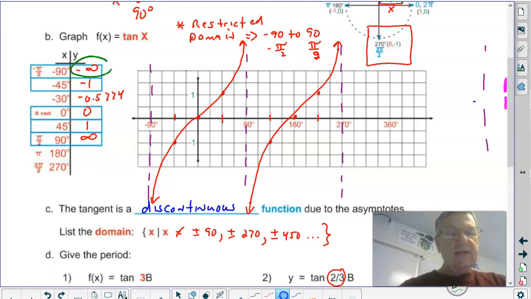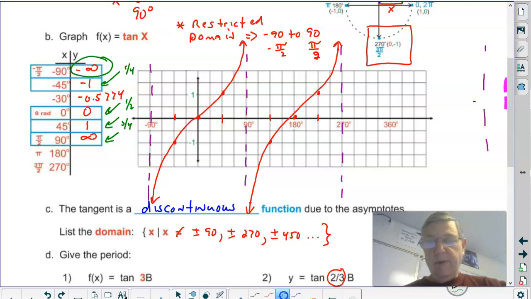It starts at the asymptote at negative infinity. At the first quarter, it's negative 1. At halfway, it's 0. At the third quarter, it's positive 1, and it ends up at positive infinity. That's the picture you want in your brain of the tangent function.